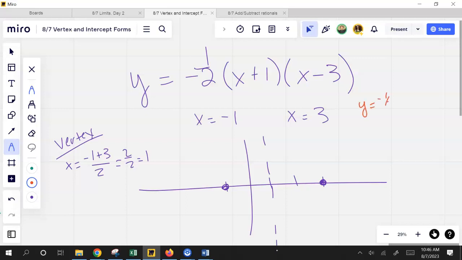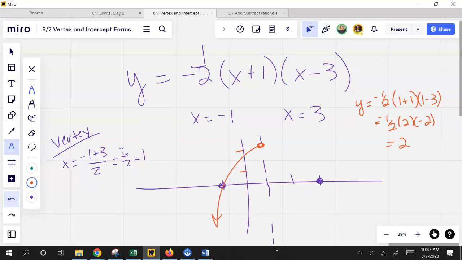So I'm going to have -1/2 times 1 plus 1 times 1 minus 3, which would be -1/2 times 2 times -2. Two negatives make a positive, and I get +2. Whoop. It opens down as it should. It has definitely widened up from a normal, so I am spot on.